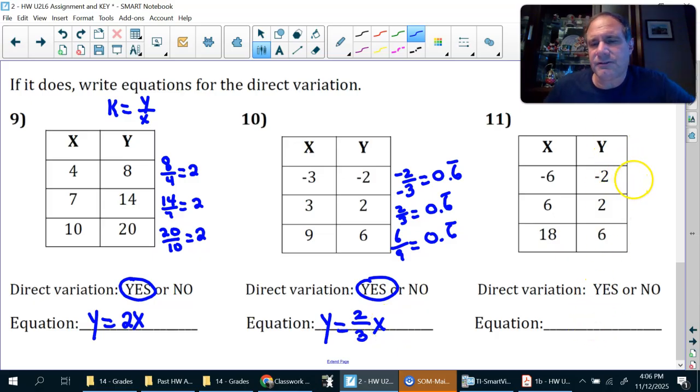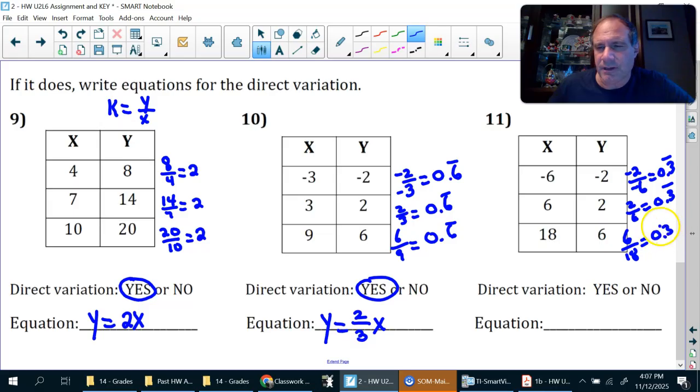Let's see if this is a direct variation or not. Negative 2 divided by negative 6, that is positive 0.3 with a line on top. 2 divided by 6 is the same thing, 0.3 with a line on top. And then 6 divided by 18 is 1/3, which is 0.3 with a line on top.